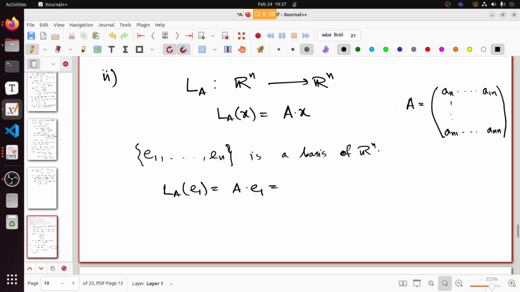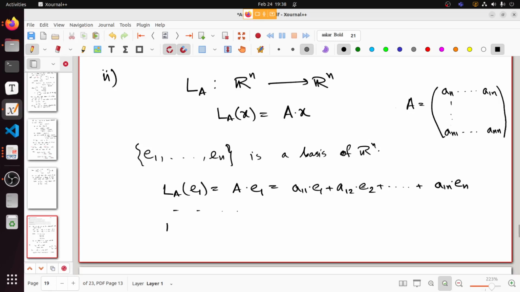If you multiply this matrix with e1, meaning (1, 0, 0, ..., 0), what you will get is A11 e1 + A21 e2 + ... + An1 en, right?